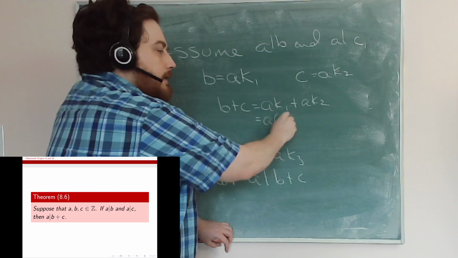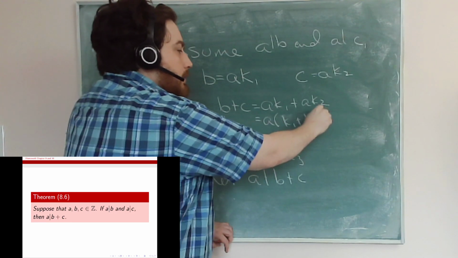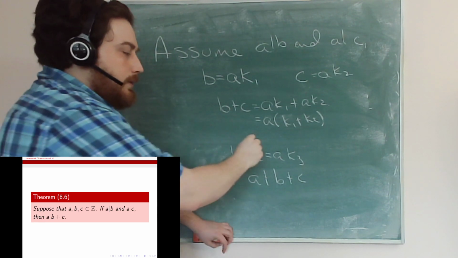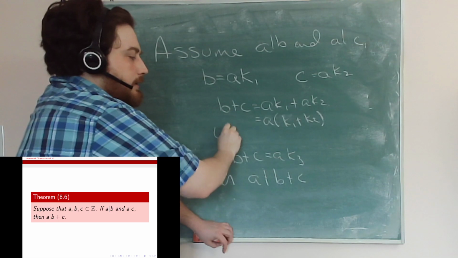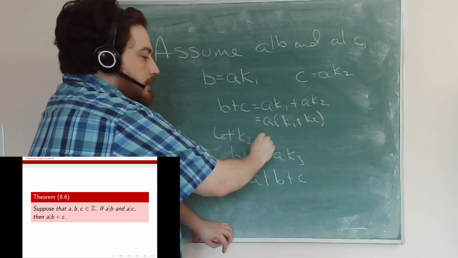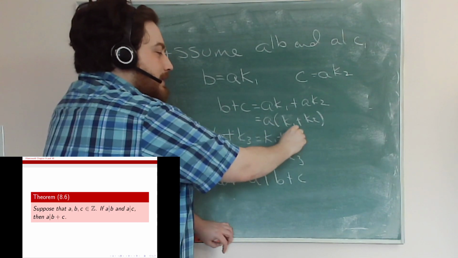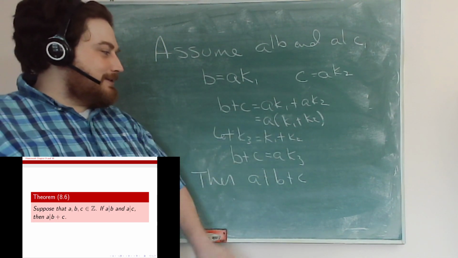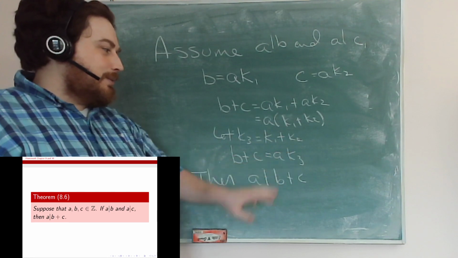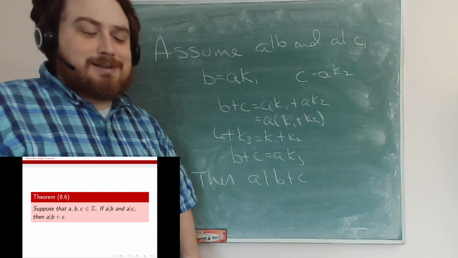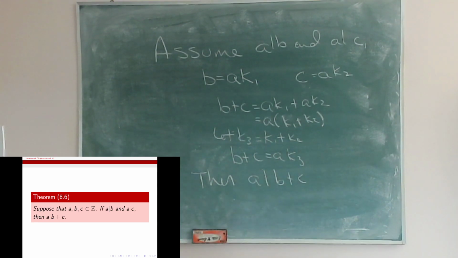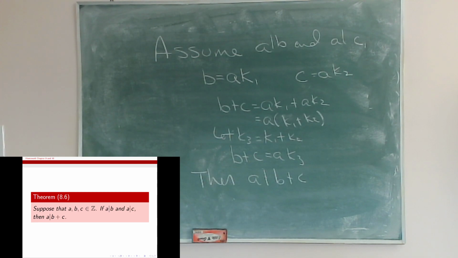So I get a times k1 plus k2, which means that if we let k3 equal k1 plus k2, what we get is that b plus c is a times some integer. k3 is k1 plus k2, so b plus c is just a times k3. Hence, we get exactly what we're looking for, and we're able to show that a divides b plus c.